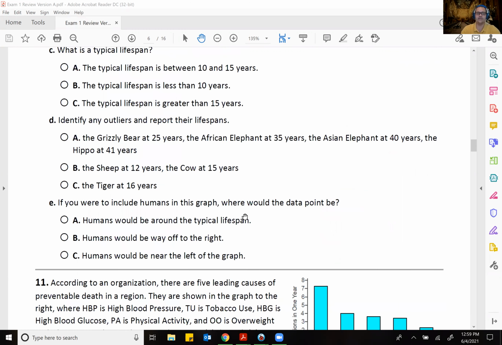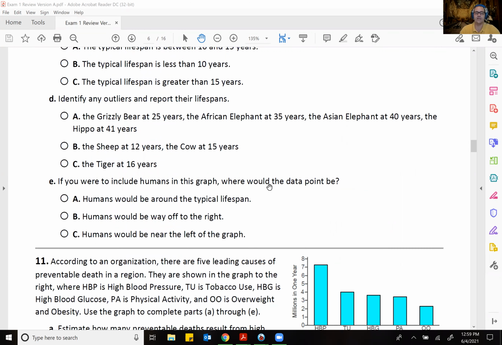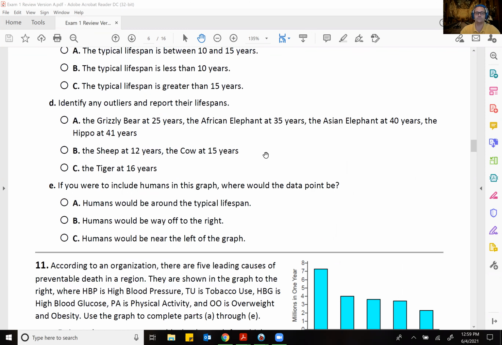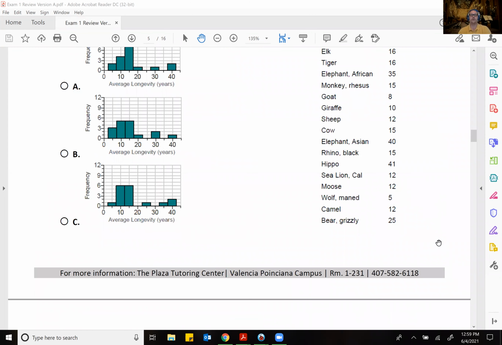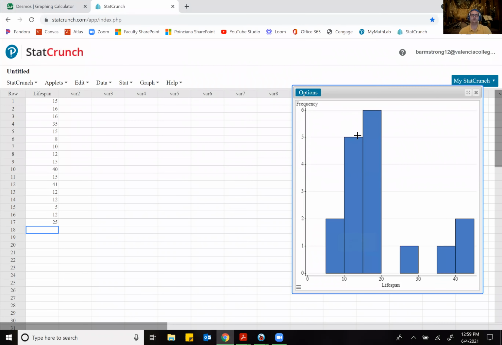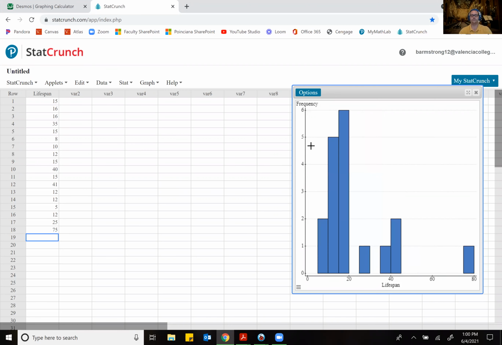All right, and last but not least, if we included humans in this graph. So what's really cool, we can go back to this stat and I can add in humans, which they said is 75. And I can go back and refresh. Here are humans.